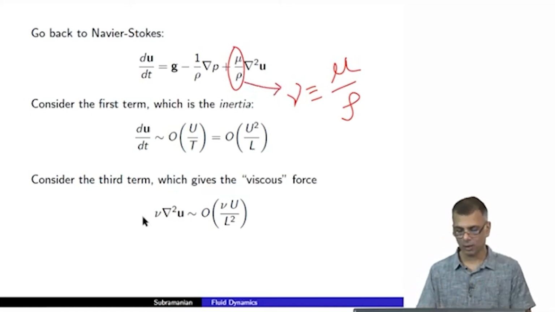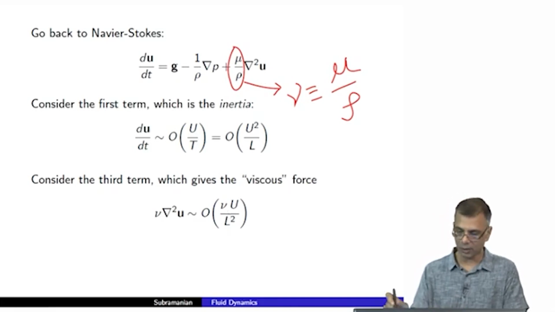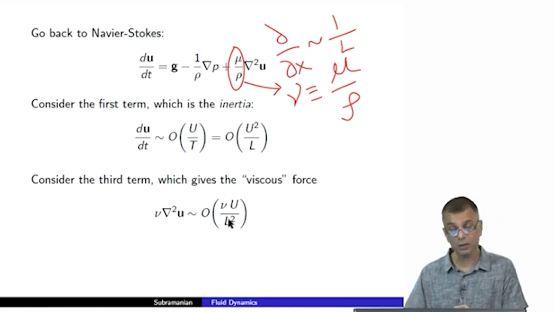Okay, so that's how I've written things down here. And in order to get the order of magnitude of this term, this is a second derivative of u. So it would be something like u over L squared, because the first derivative would be something like 1 over L. So d squared over dx squared would give me an L squared in the denominator.